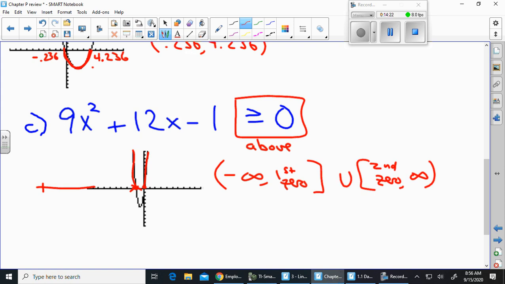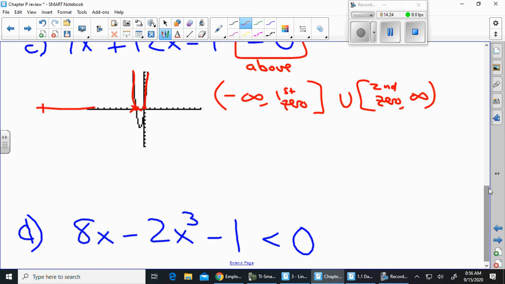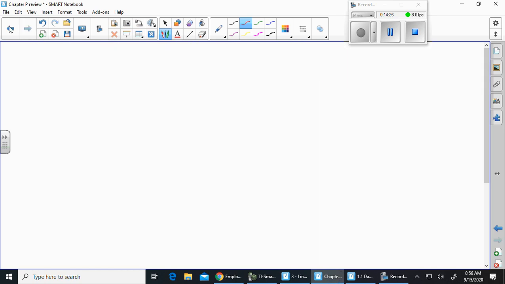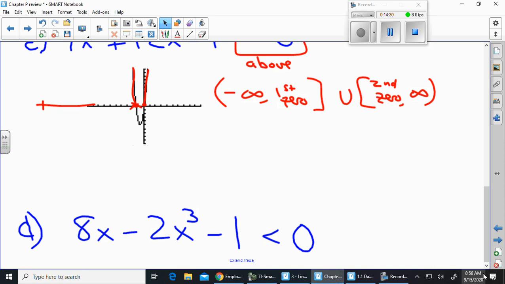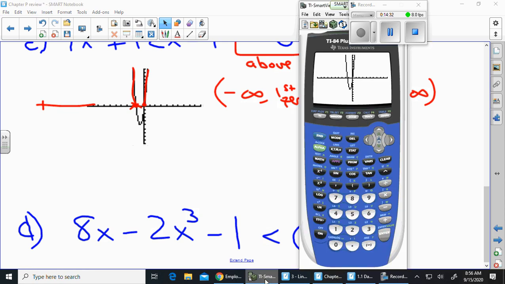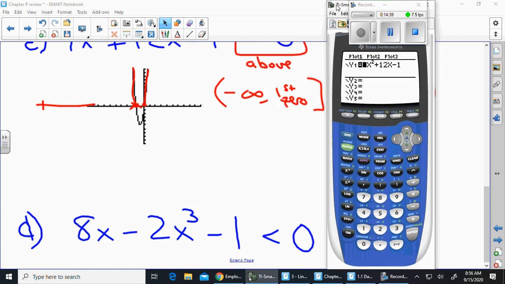So I think with this last one, the only thing that is different is possibly, if I put one of these on there, make sure you're careful. This one is 8x. I mean, it doesn't matter if there's a cube, whatever. Clear that out. 8x minus 2x cubed minus 1.